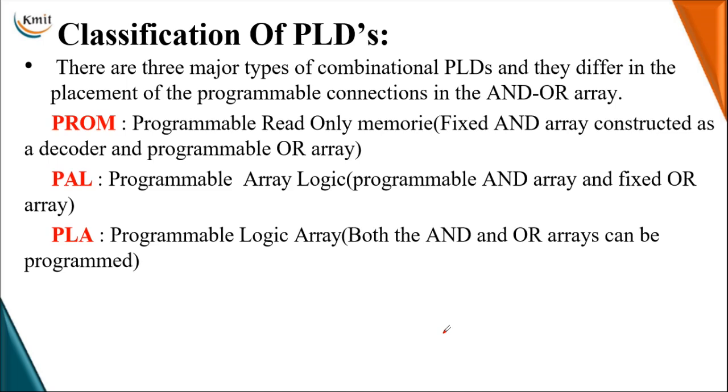The inputs connected to the OR gates are programmable, so you are not connecting the outputs of the AND gates directly as inputs to the OR gates. Using fusible links, we connect the minterms obtained from the decoder to the inputs of the OR gates. That will be your PROM. PROM has a fixed AND array and a programmable OR array.